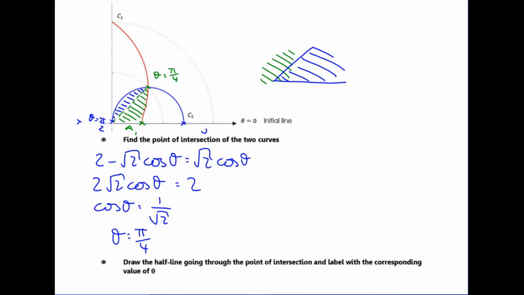So your half line starts at pi over 4, and you do a load of little sectors going around here, so you integrate between pi over 4 and pi over 2. Told you that's the hardest part. Thanks, great. Okay. Any other questions about what I've done here? I think once you've got the limits, it's not too bad, but getting the limits is tricky, isn't it?